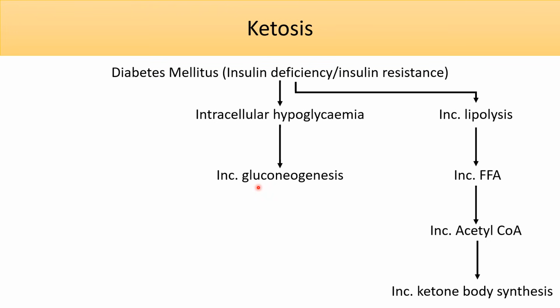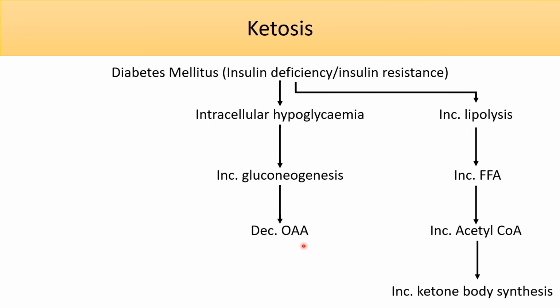Okay, and we had seen in carbohydrate metabolism, in gluconeogenesis, the pyruvate will get converted to oxaloacetate, and the oxaloacetate will undergo gluconeogenesis to form glucose. Okay, so now the oxaloacetate is channeled for gluconeogenesis to produce glucose. So oxaloacetate concentration is further reduced. So whatever oxaloacetate is present, even that is reduced.